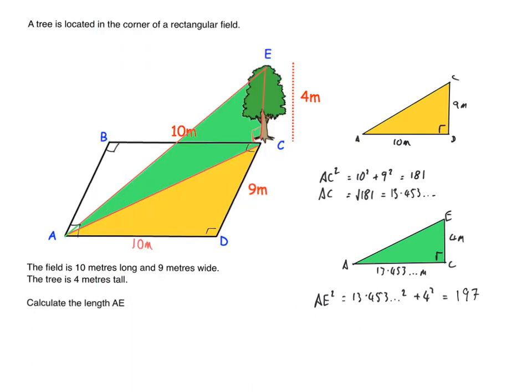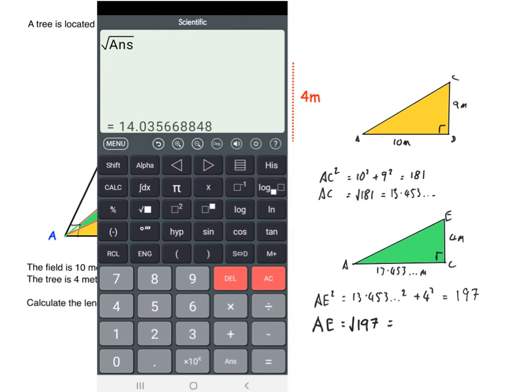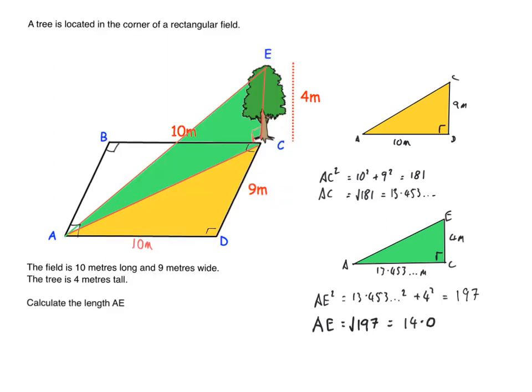All that remains to be done now is to actually answer our question. So AE is going to be the square root of 197. So the square root of my answer gives me 14.035, and because this is my final answer, I can round that off. So at 1 decimal place, 03 will round to just 0, giving me a final measurement of 14.0 metres.